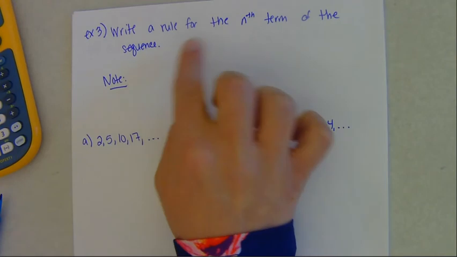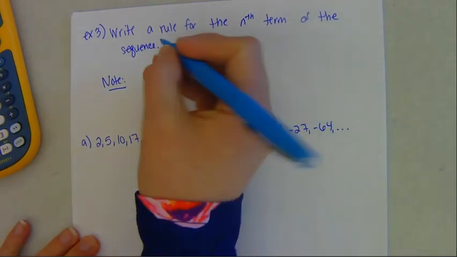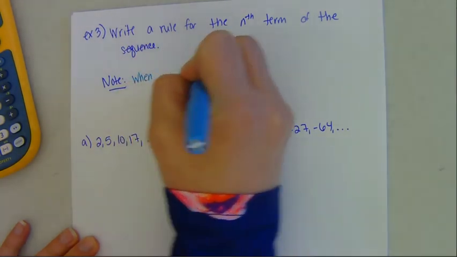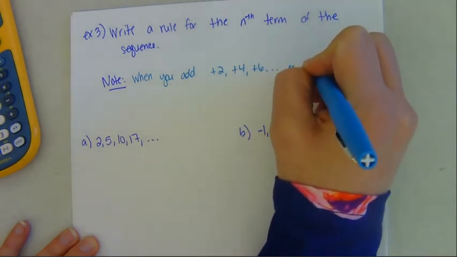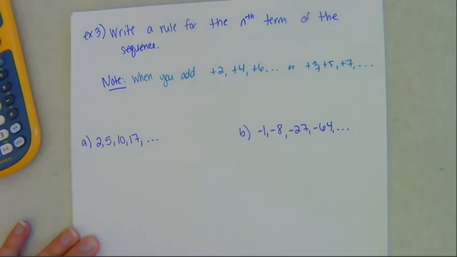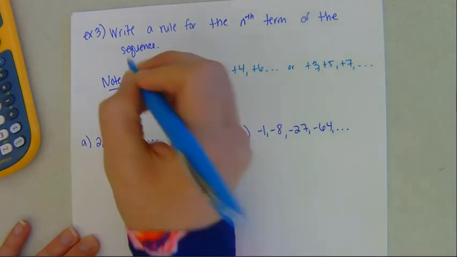We're going to write a rule for the nth term of the sequence, writing ourselves a note that says when you add plus 2 plus 4 plus 6 or plus 3 plus 5 plus 7, something like that where you're skipping 2, you need to think about some sort of squared exponent.